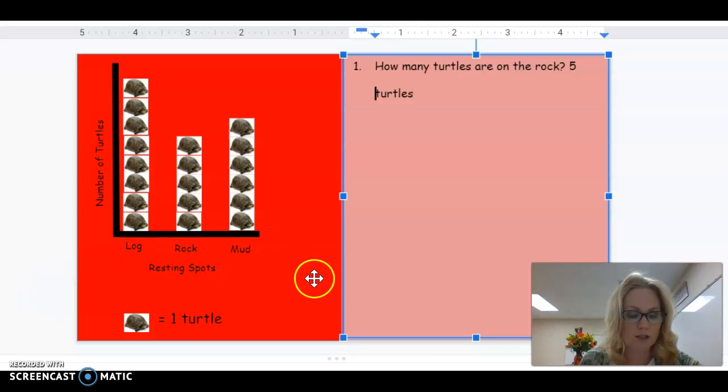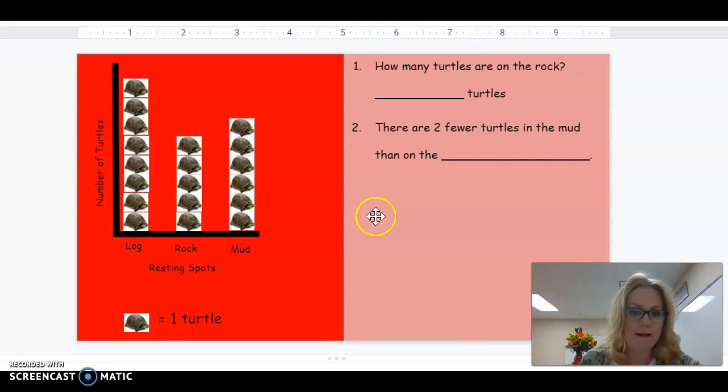Time to move on to another mathematical relationship. There are 2 fewer turtles in the mud than on the blank. Fewer means less, so there are 2 less turtles in the mud than on another resting spot.